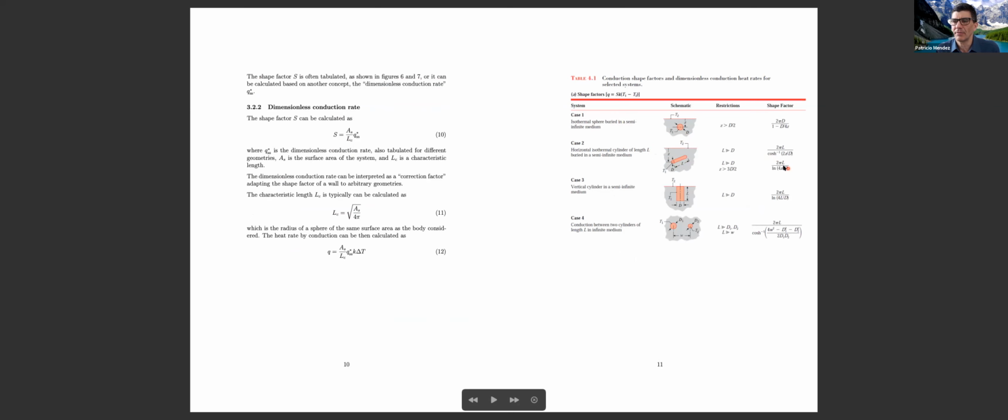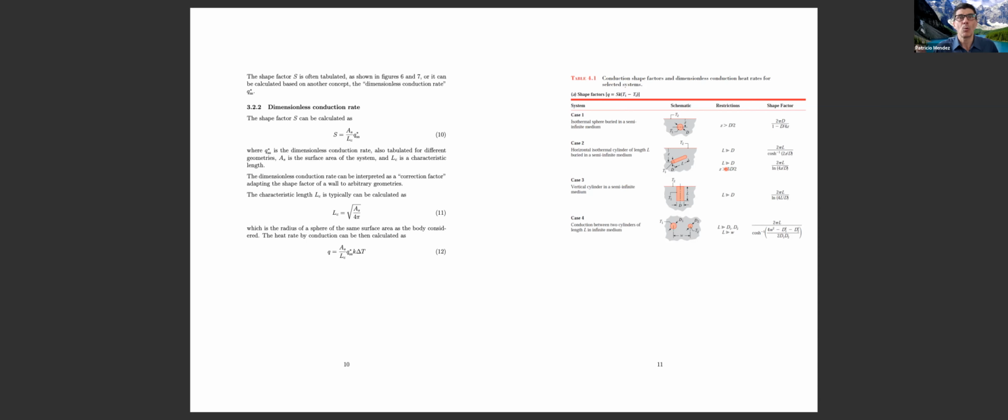And here we have two possible solutions. In both solutions, and this is something we have to do forever in this class, we're going to get formulas that somebody did for us, but that somebody needed to cut some corners at some point, saying, for example, the cylinder is much longer than its diameter.